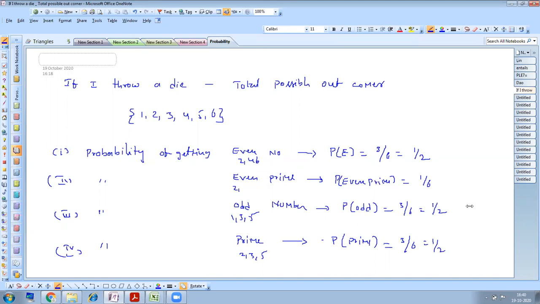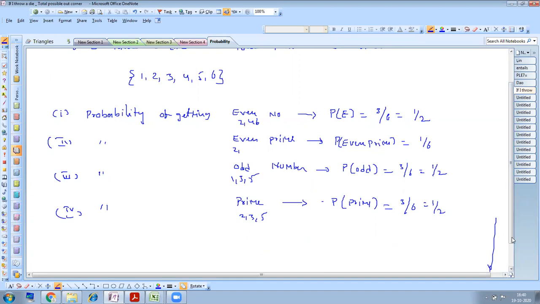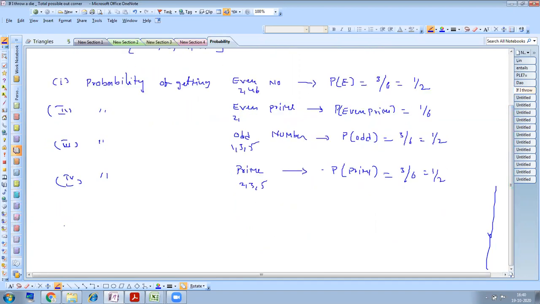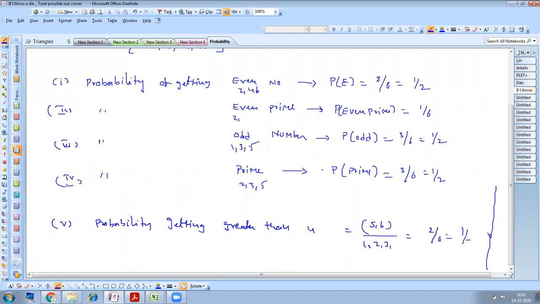Now, what is the probability of getting a number greater than 4? Only 5 and 6 out of all, so 2 by 6, that is 1 by 3.